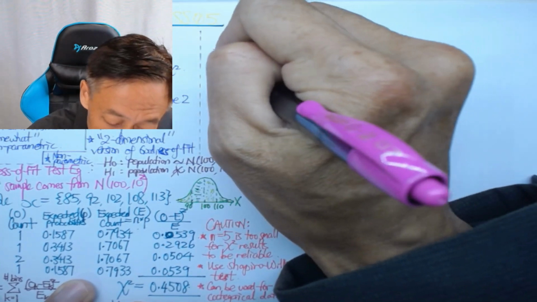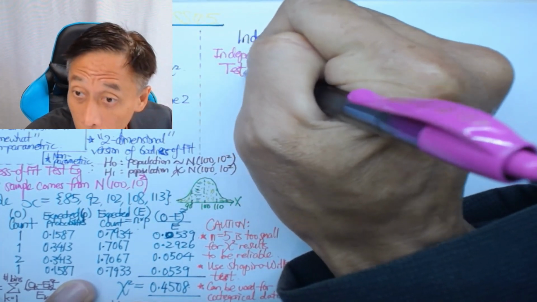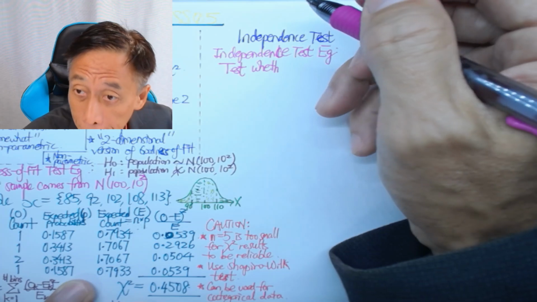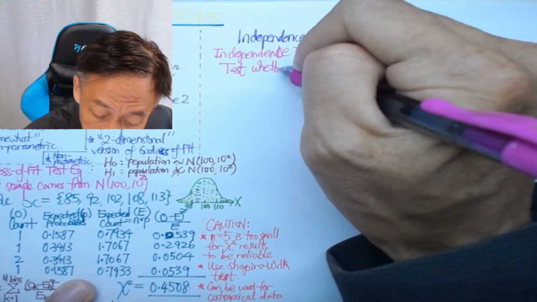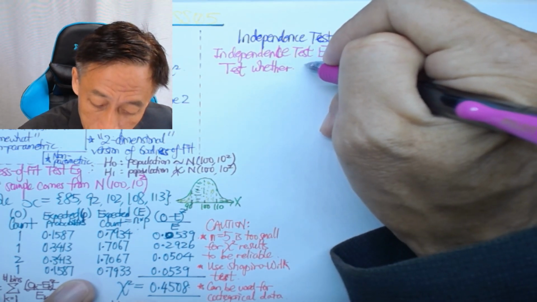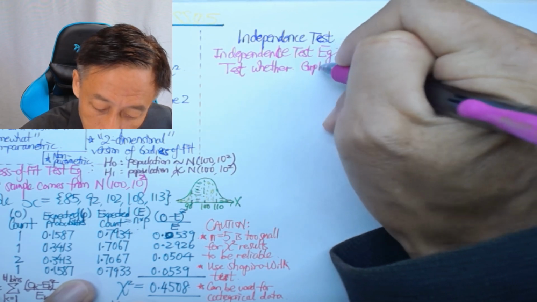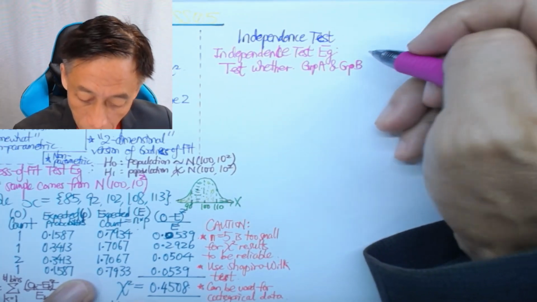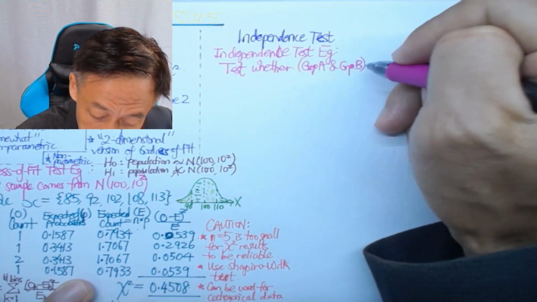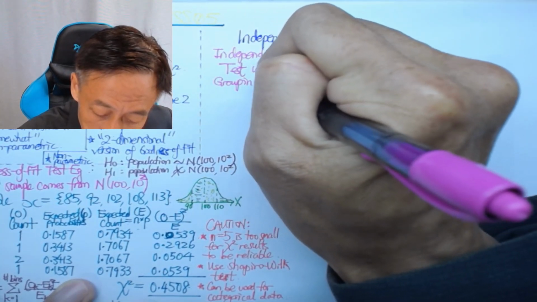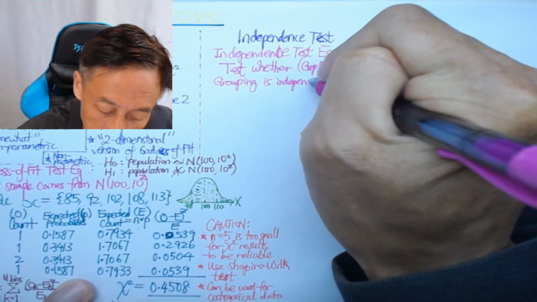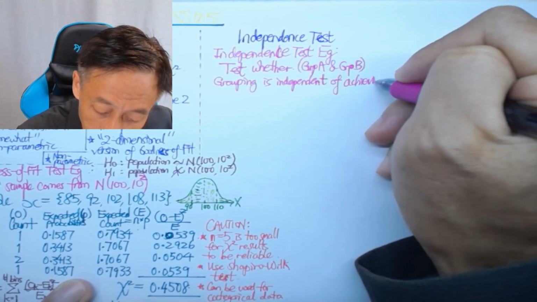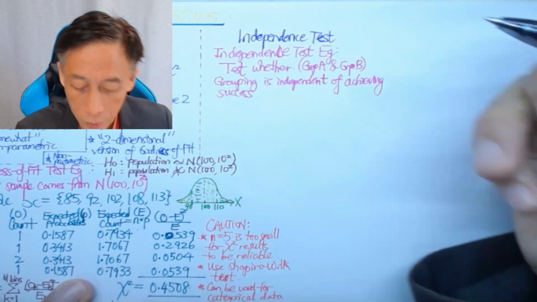Okay, test whether Group A and Group B, that means the grouping, is independent of achieving success.